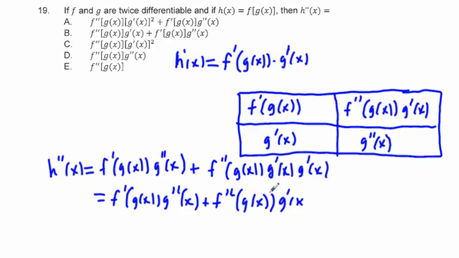We have g prime of x times g prime of x squared. So that's going to simplify out to our answer choice. I think that's what this one is. F double prime, g, is kind of in the reverse order here. But yes, that's going to be answer choice A.